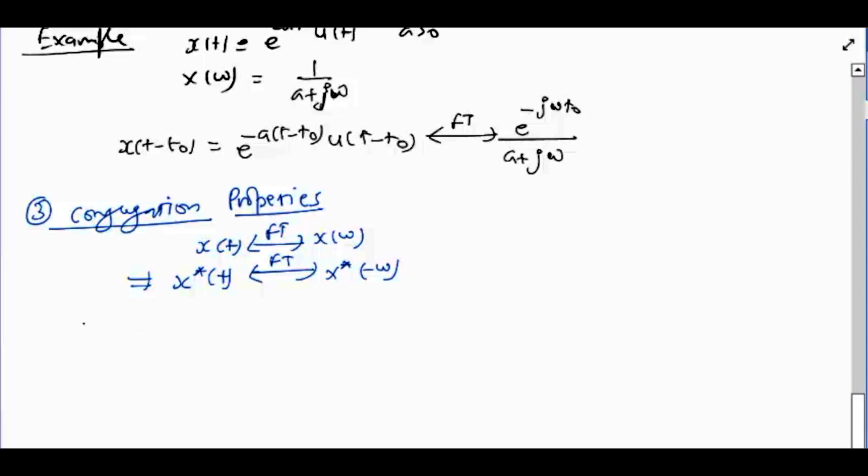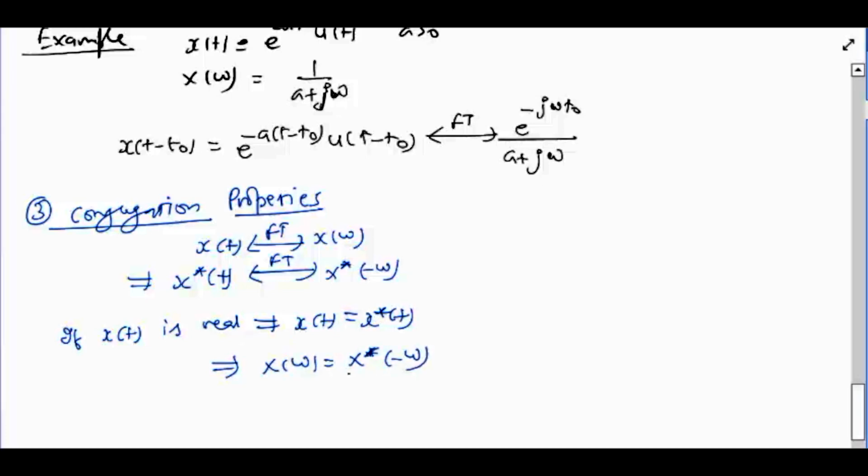Okay. So in particular, if x(t) is real, then x(t) is the same as x star(t), its complex conjugate. This says that X(omega) will be the same as X star(minus omega).